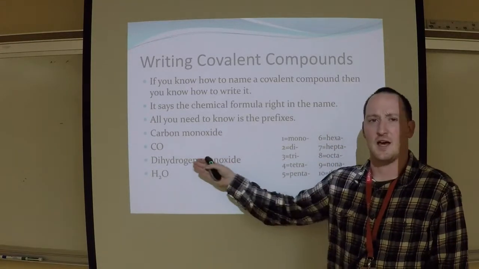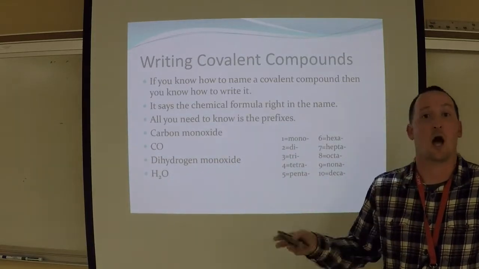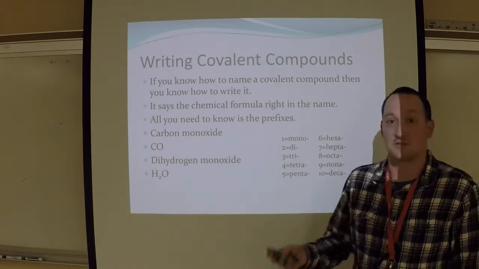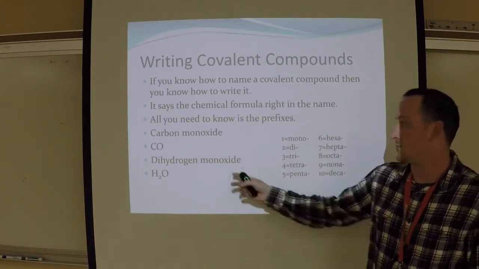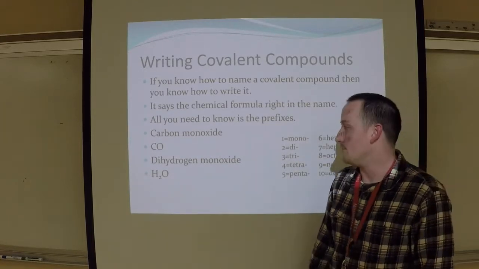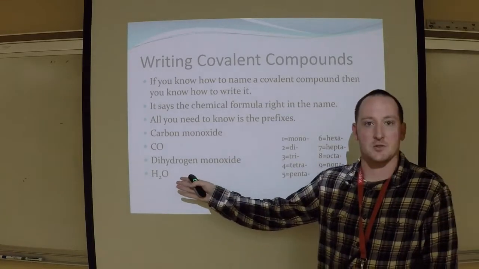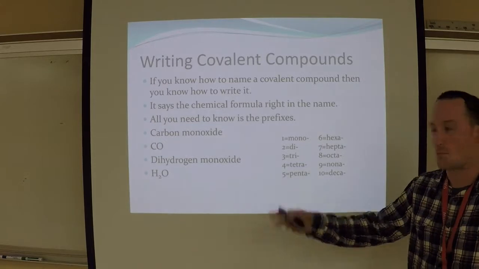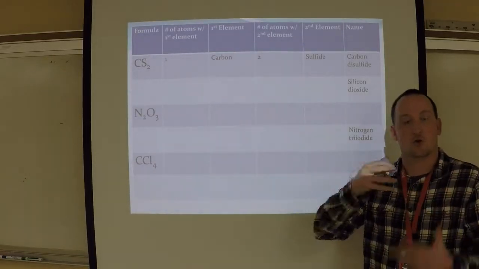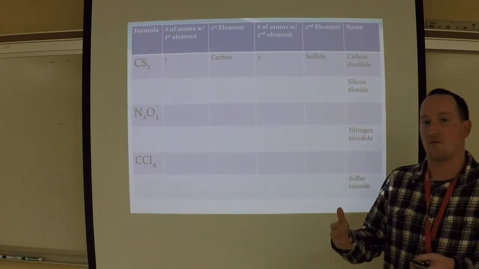Water is the common name for H2O, and that's the word we typically use, but we could use dihydrogen monoxide if we wanted it to sound scary. Dihydrogen monoxide is a way to name water, H2O.